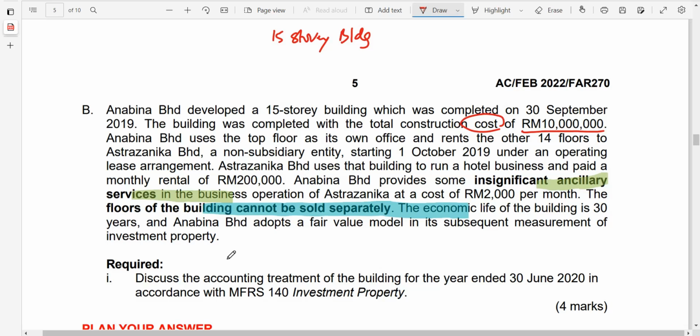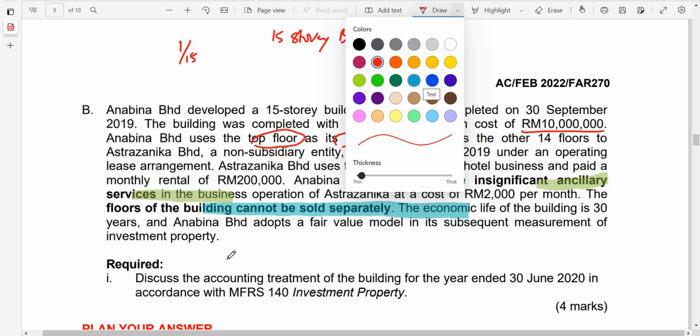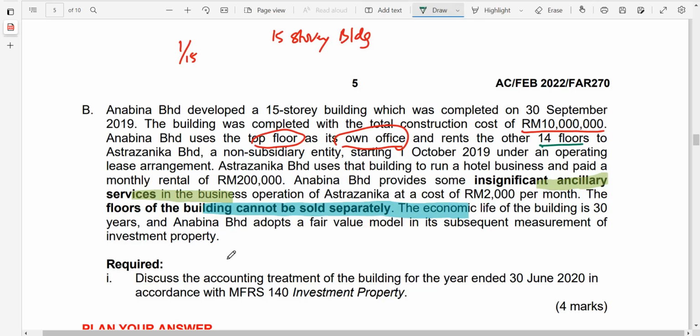It is using the top floor, meaning 1 out of 15 floors, as its own office, and it rents out the remaining building, which is the 14 floors. The top floor is for its own use.